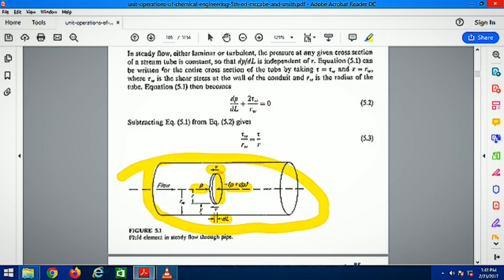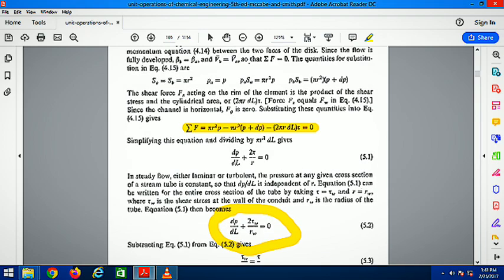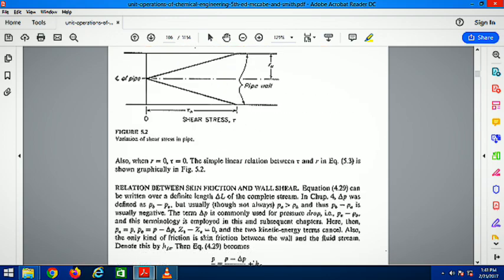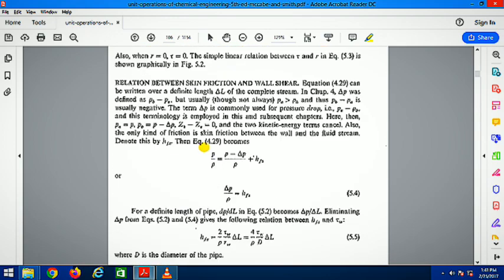Let's consider dL length of a disk, and we finally arrive at this equation while doing a simple force balance. So let's remember this equation and let's put it with Bernoulli's equation.